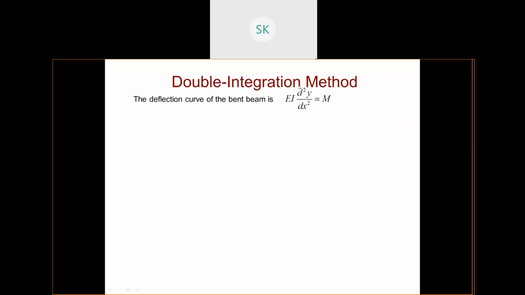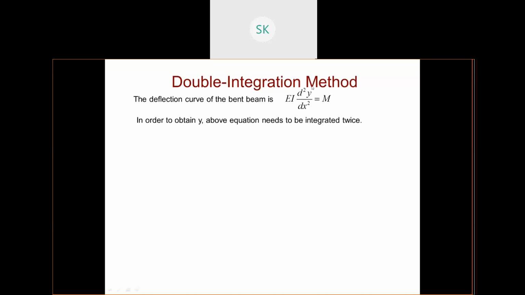This equation is called the deflection curve equation. We'll use it to determine the deflection of various beams, cantilever and simply supported, for different loading conditions. In order to obtain y, the above equation needs to be integrated twice.